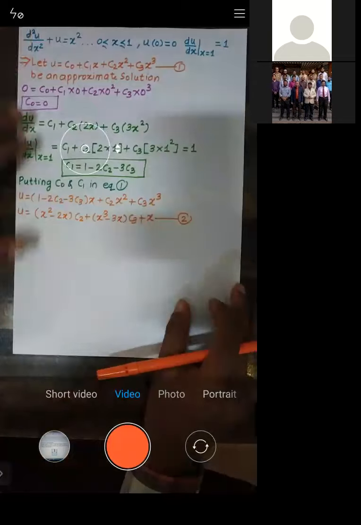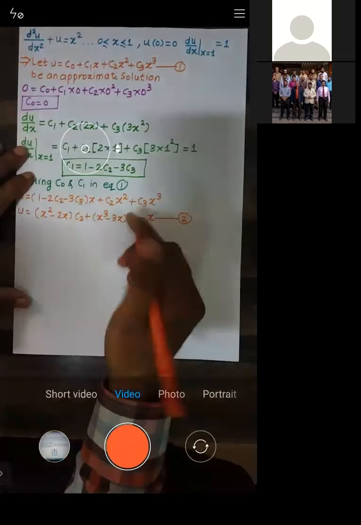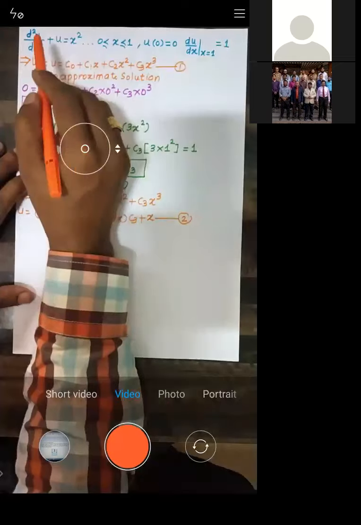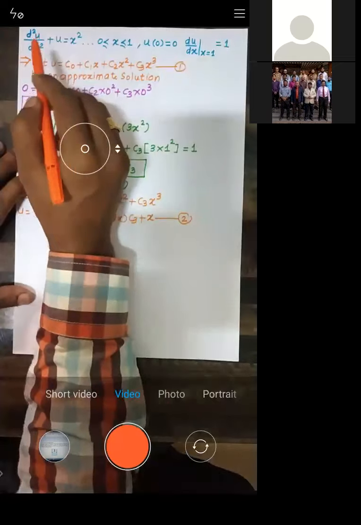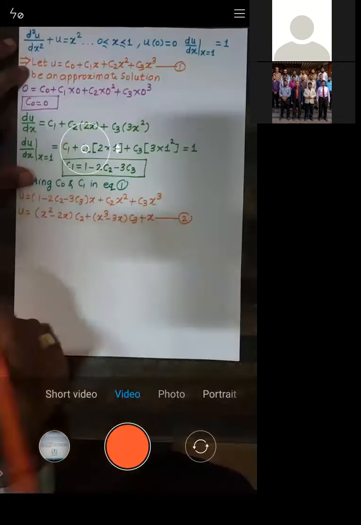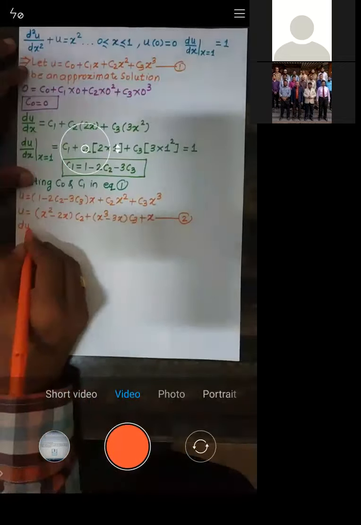Now if you look clearly at this equation, what we require is the second derivative of u. We require the double derivative, basically. So for that, let's calculate the first derivative, du by dx.